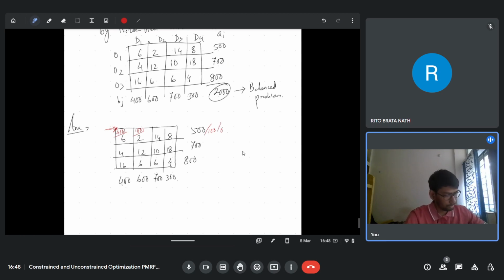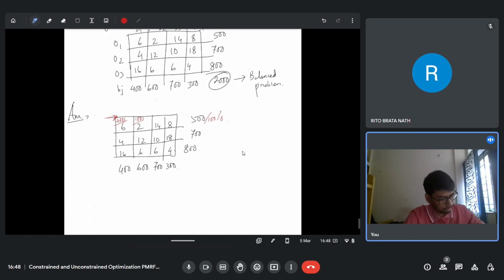Then in the next row, I'm not drawing it again and again, so you are deleting the first row after this. In the second row, once you have allocated 100 here, this becomes 0. This becomes 500, so here you can allocate 500. Then this becomes 200 and this becomes 0, and you can delete this column.